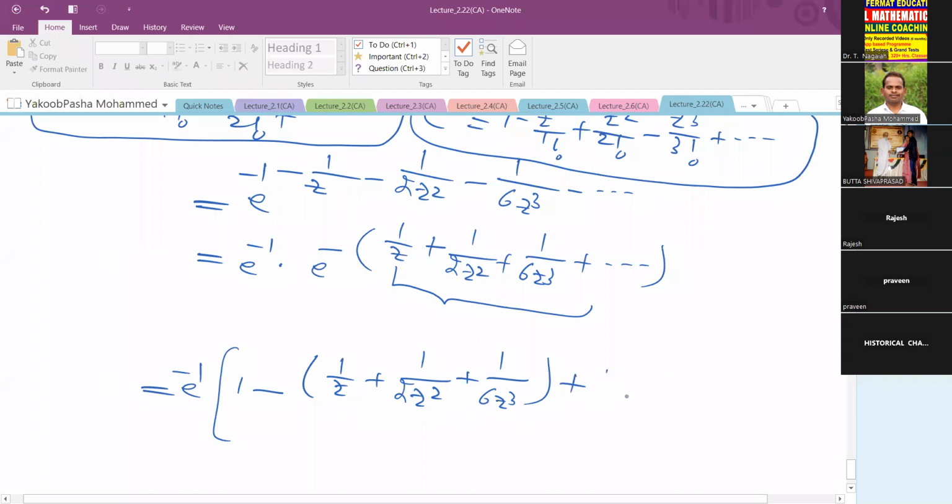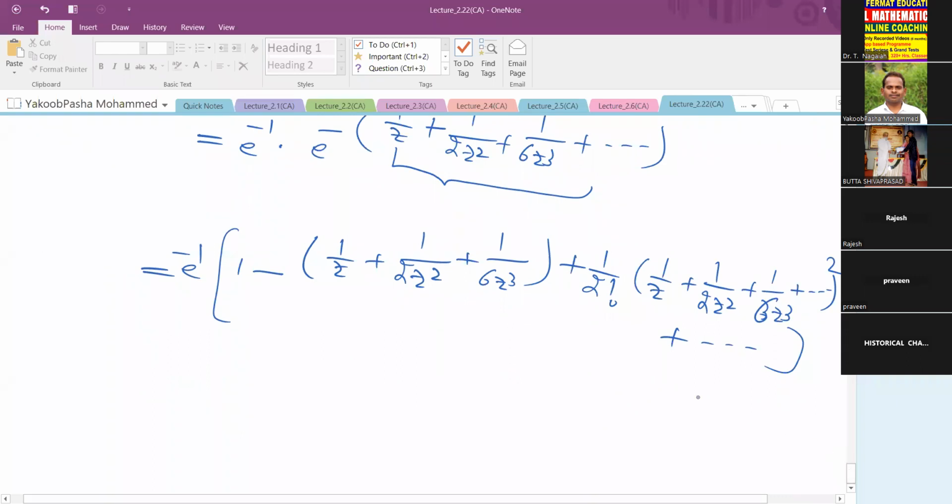Plus 1 by 2 factorial of 1 by z plus 1 by 2z square plus 1 by 6z cube, whole square, plus and so on, and so on. So actually we have to find the residue of the function.